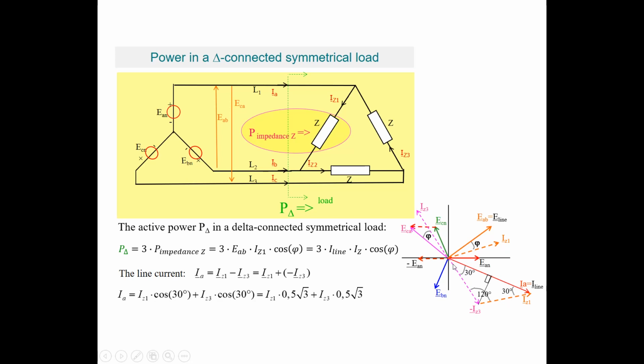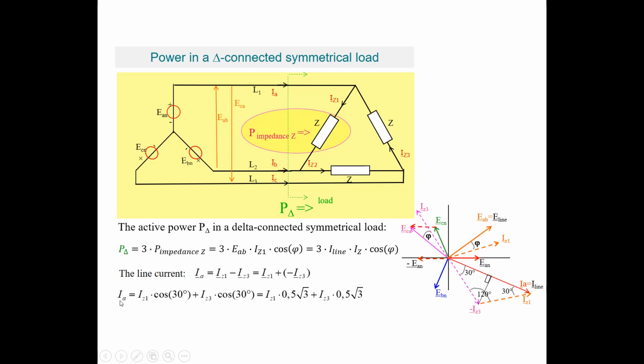This part is equal to IZ3 times the cosine of 30 degrees, and that part is equal to IZ1 times the cosine of 30 degrees. And remember, the lengths of IZ1 and IZ3 are the same.